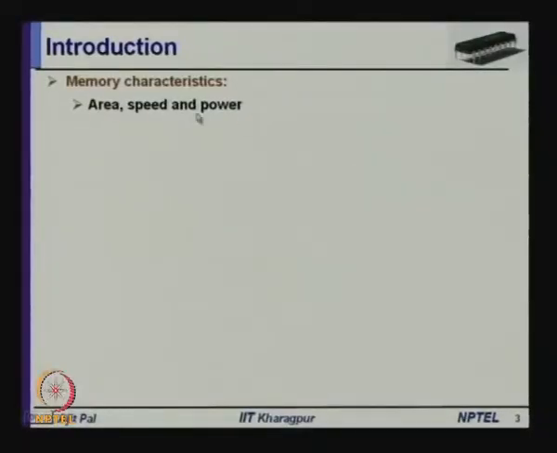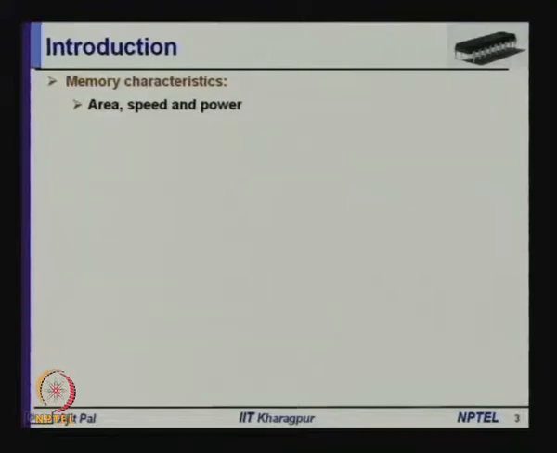Then finally, the power. Power is becoming increasingly important because MOS memories are used in many battery operated portable systems like cell phones, PDAs, MP3 players, cameras and other things. Obviously, memory constitutes a significant portion of that.